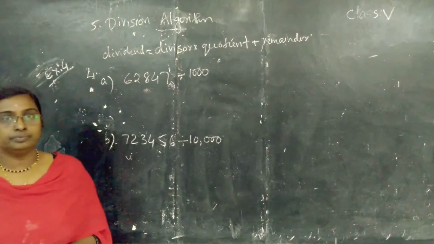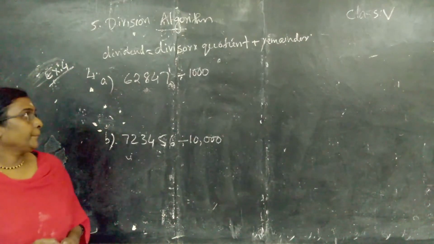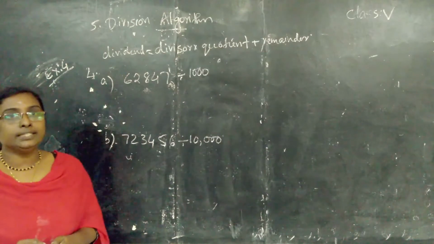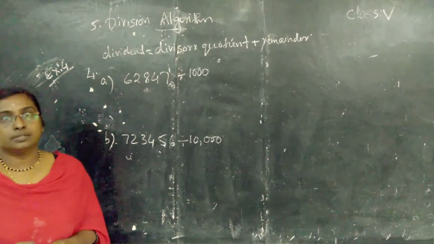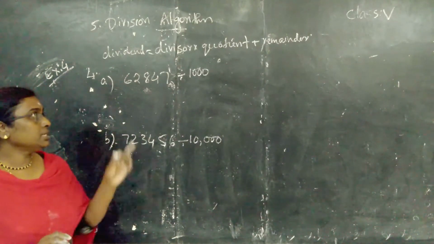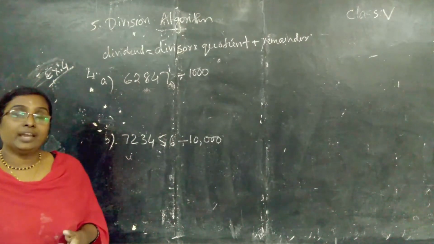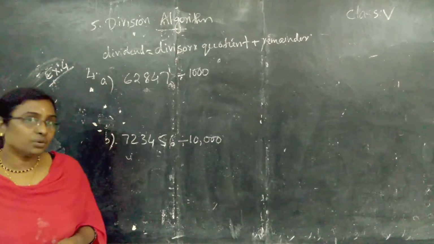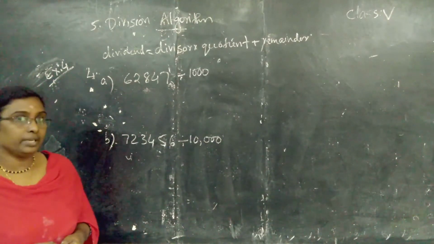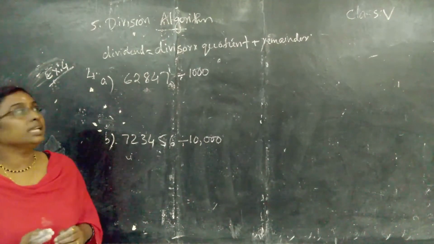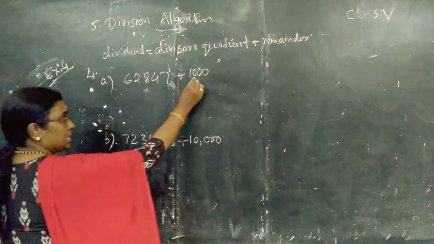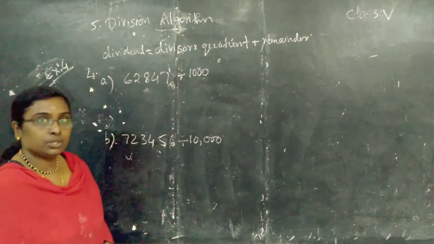Fourth one. Find the quotient and remainder in this division. First one is division by 1000. We studied that when a number is divided by 1000, the quotient is obtained by removing the last 3 digits, since 1000 consists of 3 zeros.